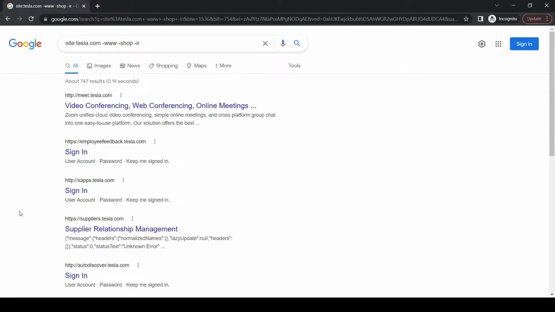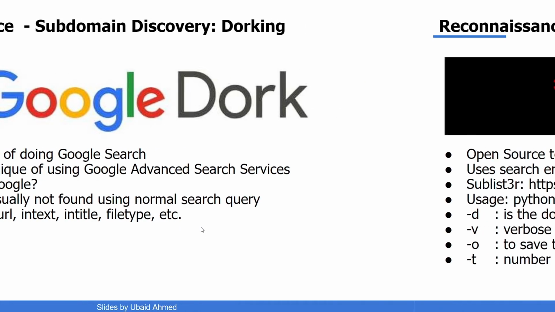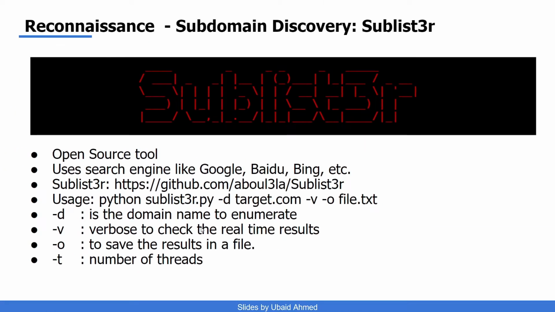At this point, I would like to introduce you to two tools which can help you in subdomain enumeration. Our first tool is Sublist3r. Sublist3r is a Python tool which helps in enumerating subdomains of a website.